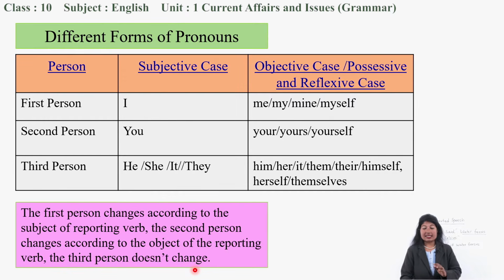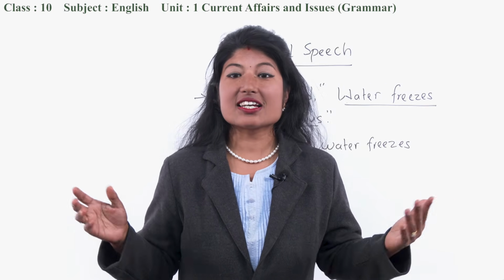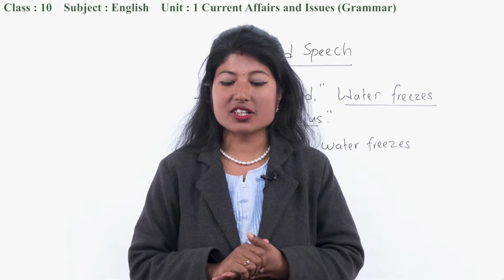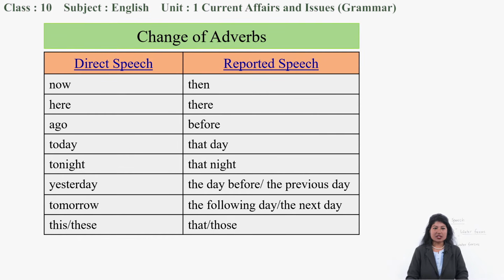Then there is the third category. What is the change in the third category? Yes, adverbial changes. Now changes into then, here changes into there, and there is no other way, you have to remember this.